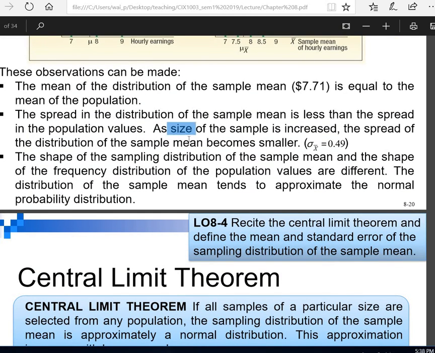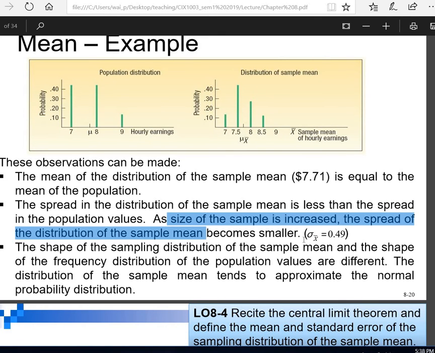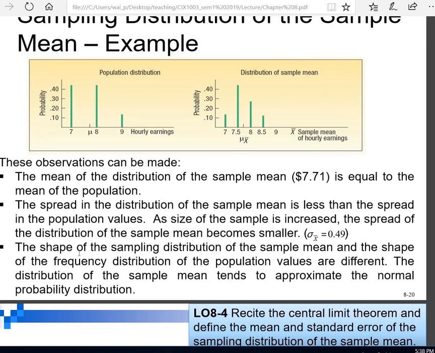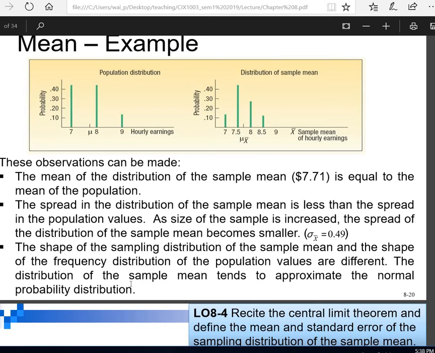As the sample size increases, because from 7 we increase to 21, the standard deviation will decrease. And the shape of the sampling distribution of the sample mean and the shape of the frequency distribution are different. The distribution of the sample mean tends to approximate the normal distribution when we increase the sample size.